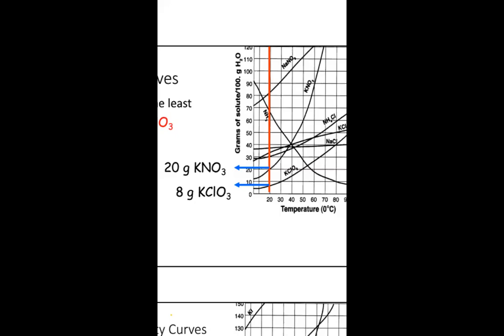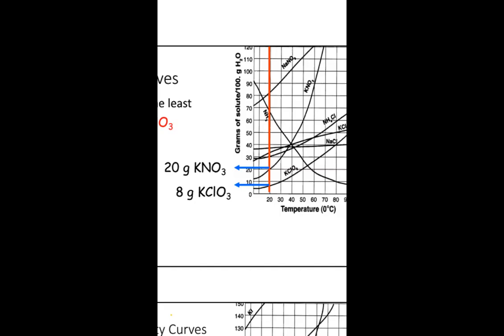Yes, sir. So fine. I was now asking which salt is going to be the most soluble. For you to get the most soluble salt, it has to be the one with the highest mass present in 100 grams of water.